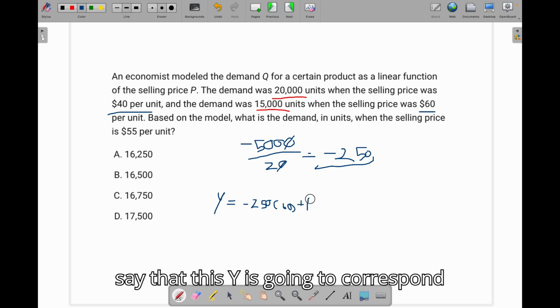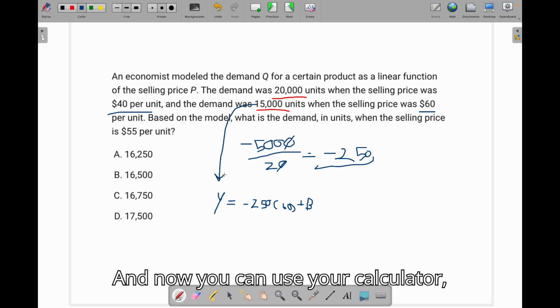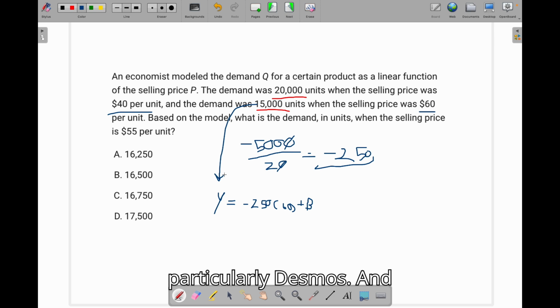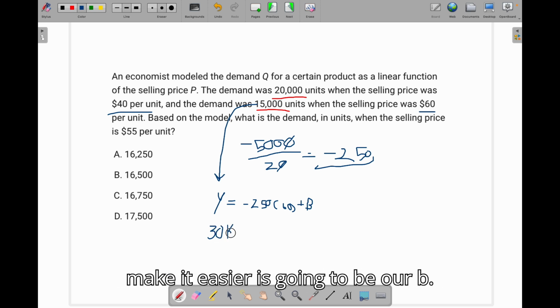And then we're just going to say that this y is going to correspond to this 15,000. And now you can use your calculator, particularly Desmos, and you're going to get 30,000. And we're going to say 30K, just to make it easier, is going to be our b.